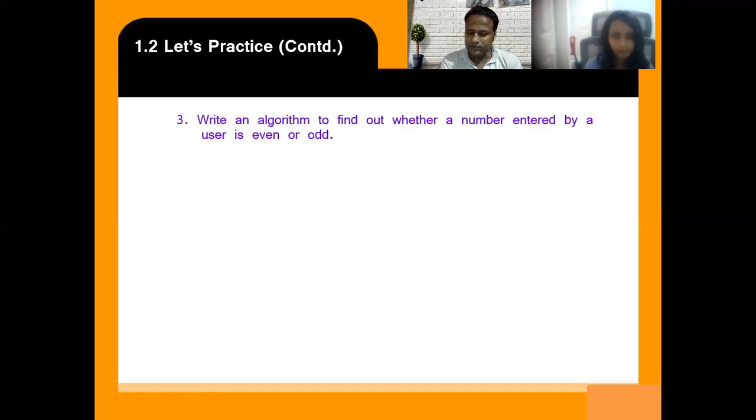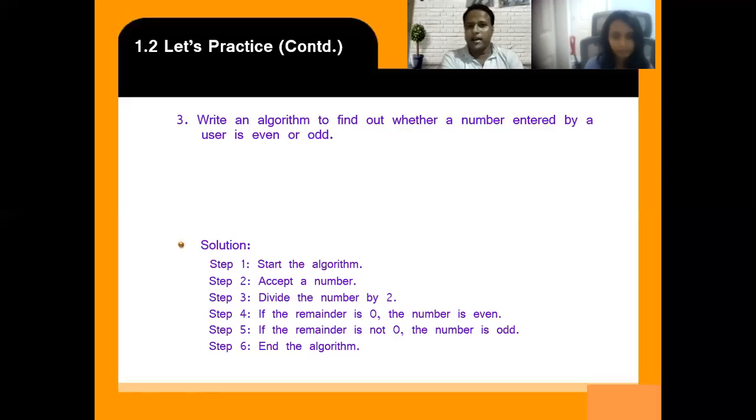So let's take: first start the algorithm, accept a number, then divide the number by 2. If your remainder is 0, then your number is even. If your remainder is not 0, the number is odd, then end of your algorithm.